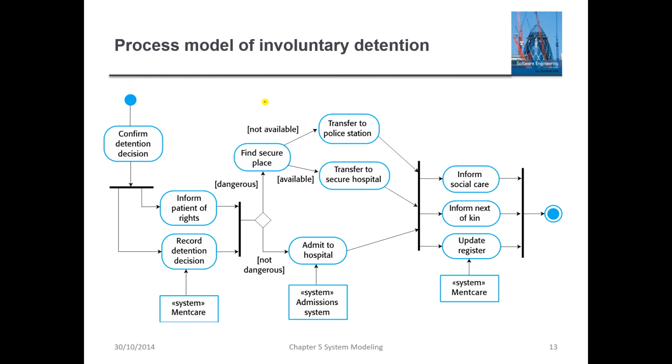Here is one example, a model of involuntary detention. This looks like an algorithm flow. Here is the start, and here is the endpoint. It starts by confirming detention decisions, and the work goes into action. Here is a boundary.